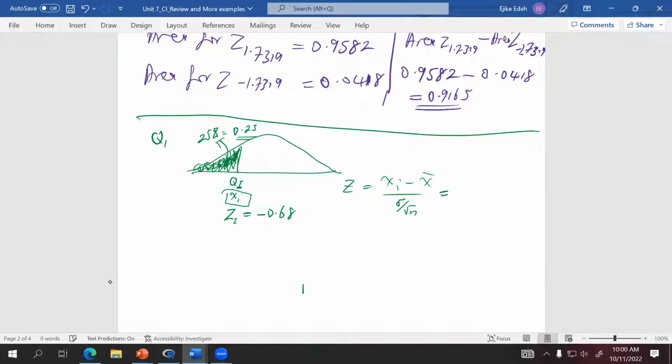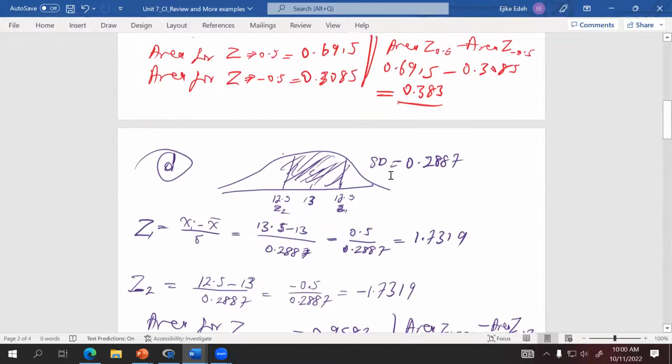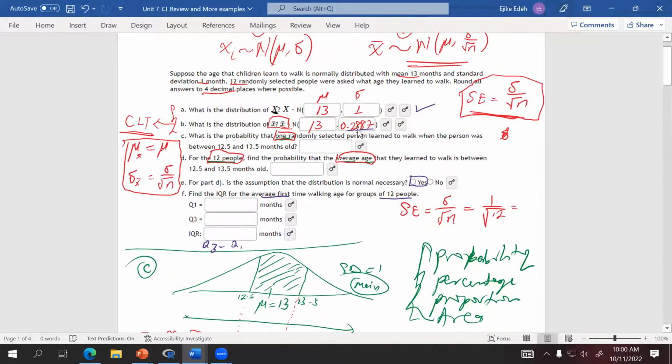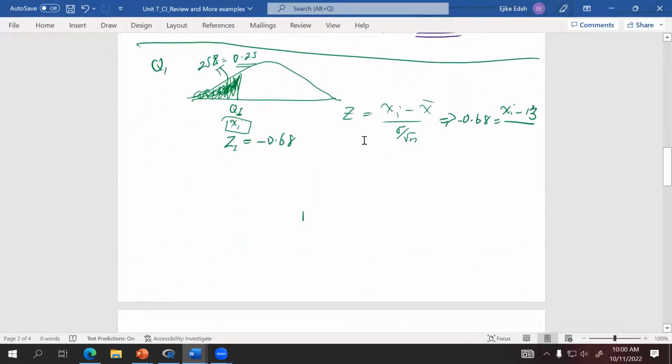Here, Z we just found to be negative 0.68. We are looking for the data point. We know that the mean is 13. And the standard deviation that we are supposed to use here, the one that has to do with the central limit theorem, is 0.2887.